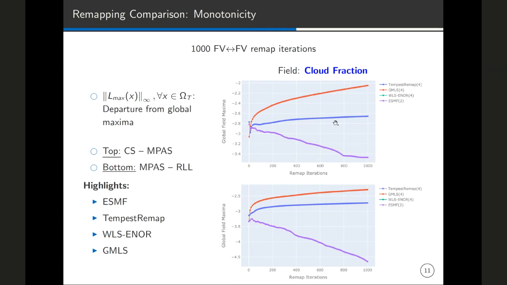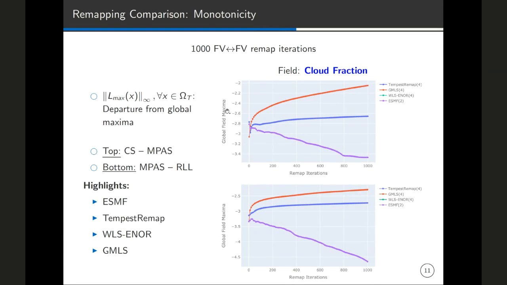What I also want to point out here is that the WS-ENOR scheme is not shown here, mostly because the limiters that Jim uses in his cell-to-cell transfers actually accurately achieve the global maxima, and it pins it there.